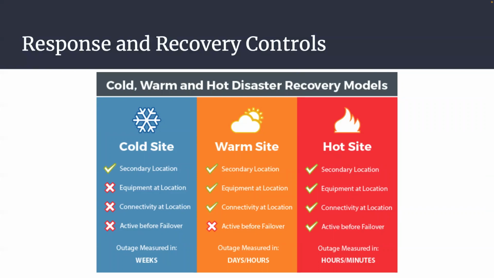Restoration order must always be considered in order of criticality of the system. So a restoration order could be: we need to restore first network connectivity and a shell host. Then we need to restore our network security devices like our firewall and our IPS. Then we need to enable our storage and database services.